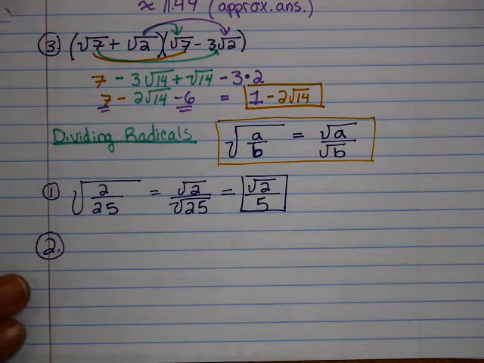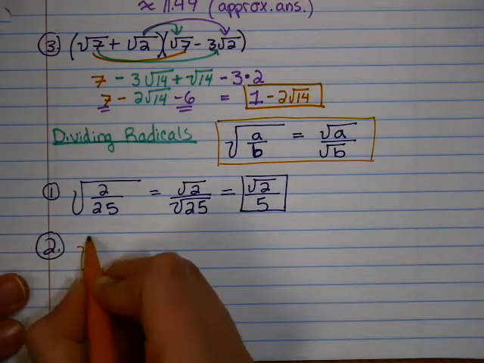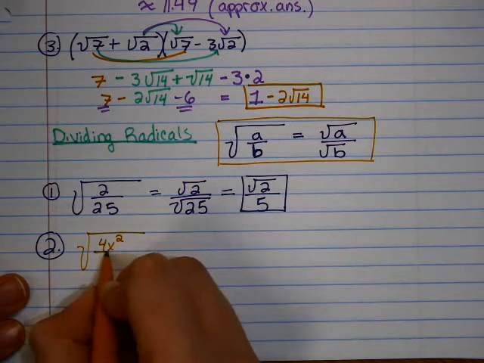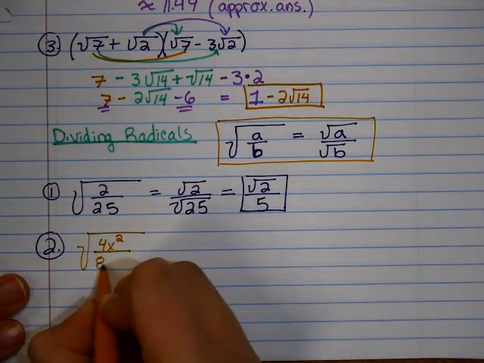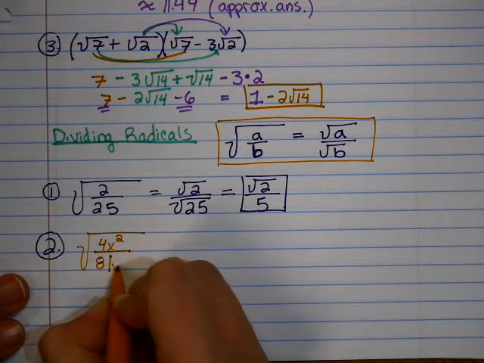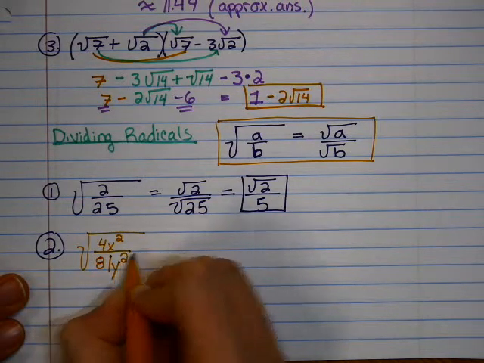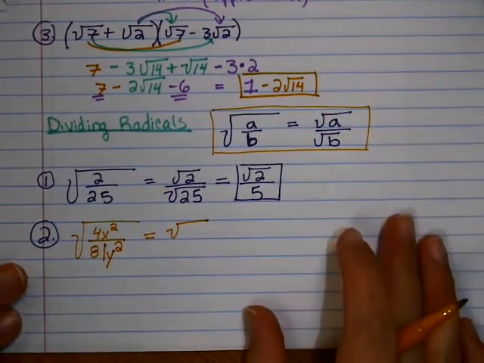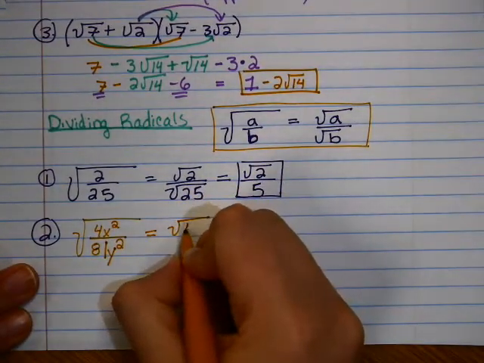All right, let's try this one. We have square root of 4x squared divided by 81y squared. Okay. So again, I want to break apart my radical.